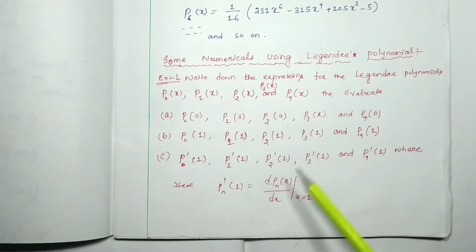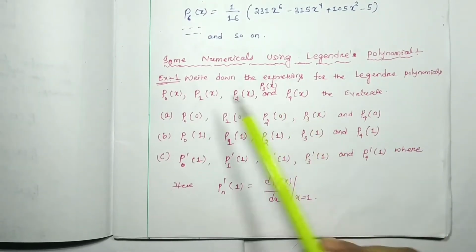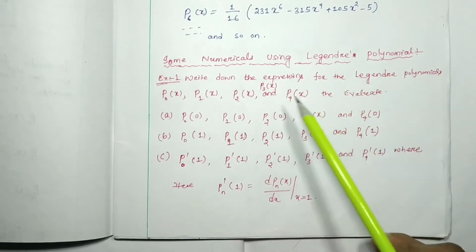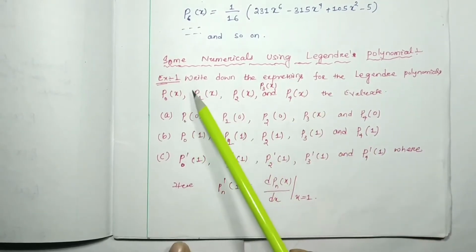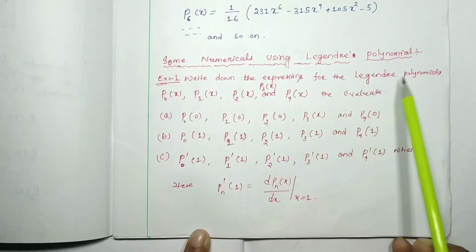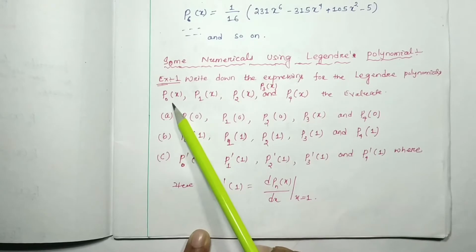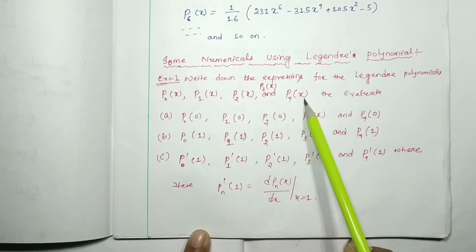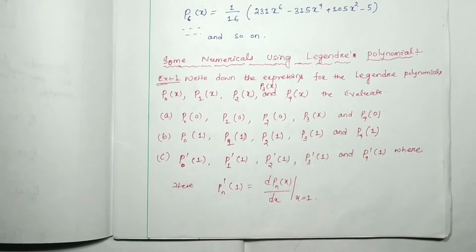Now we have to come to some numericals using Legendre polynomials. The question is this one: write down the expressions for Legendre polynomials P0(x), P1(x), P2(x), P3(x), and P4(x). Then evaluate.